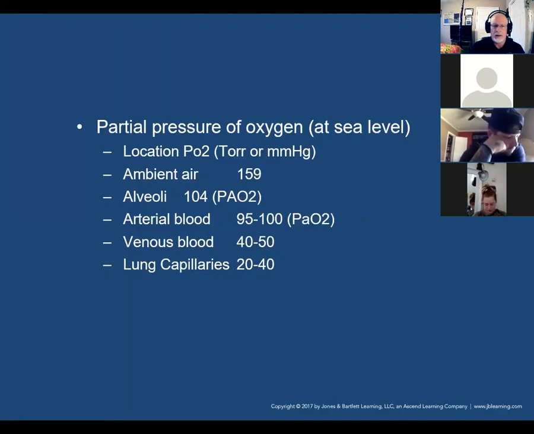And the partial pressure of oxygen is 104 torr, or millimeters of mercury, at the alveolar level. And then look down to venous blood. It has 40 to 50 millimeters mercury, or 40 to 50 torr. So there's a big difference in pressures there, right?